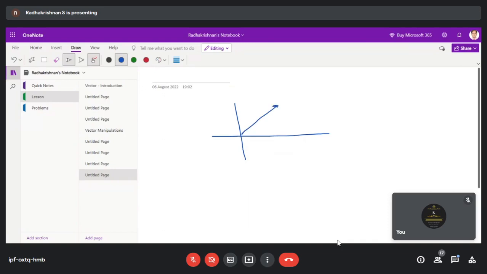So there is one vector like this and another vector like this. Okay. So this is given in terms of, let's say, vector p equal to a1 i cap plus a2 j cap.